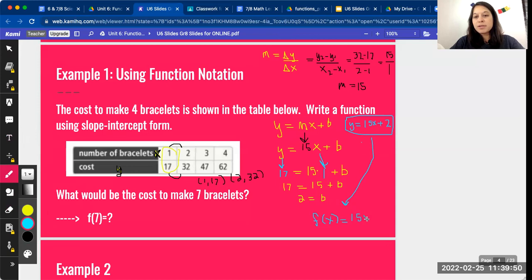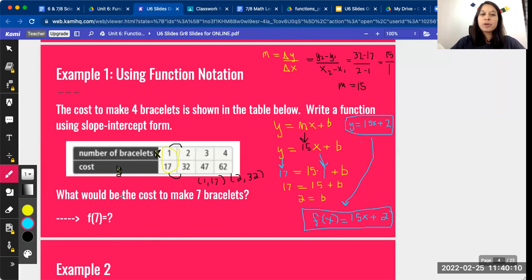That's it. That's my answer. All I did was write the equation in slope-intercept form like we know how to do. And then at the end, I just changed the y to f of x. It's a function based on whatever value I plug in from x. Basically, the cost to make the bracelets depends on how many bracelets I'm going to make.